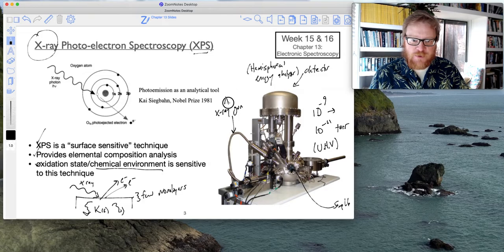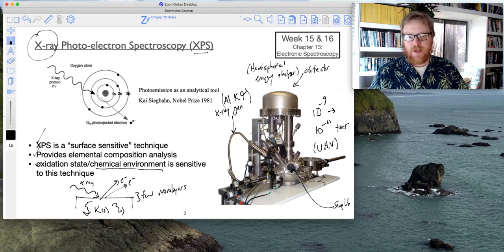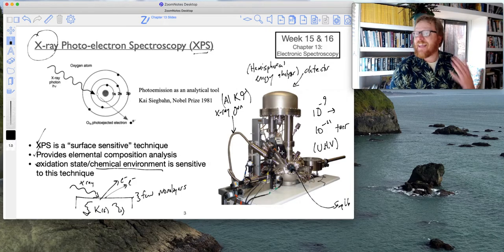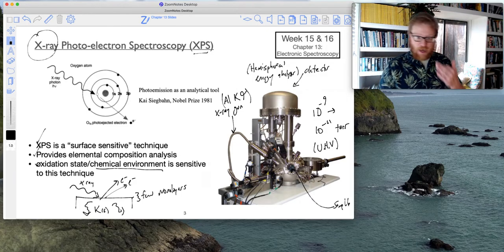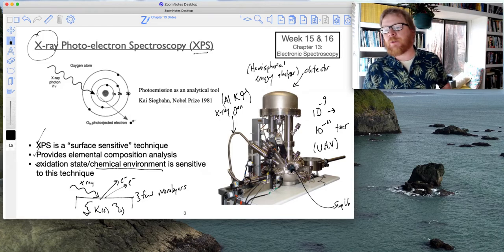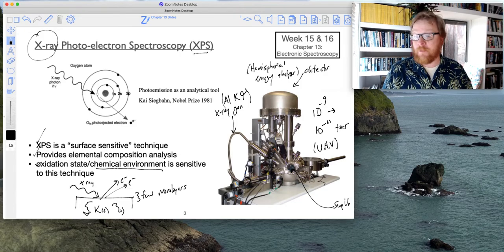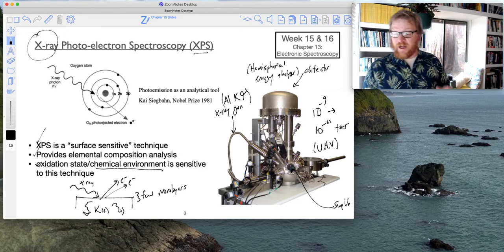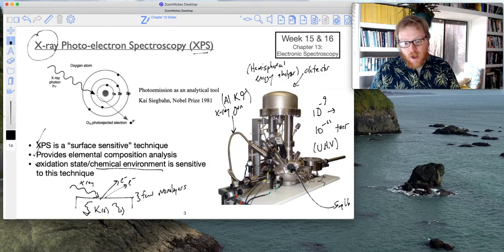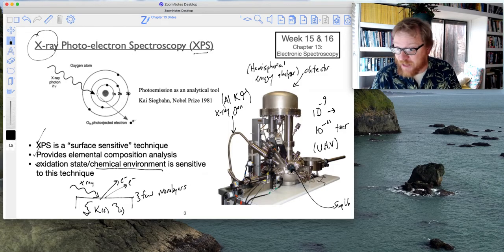If we use aluminum, you typically hear this referred to as aluminum K alpha radiation. K refers to the K shell, the n equals 1 shell, and alpha refers to the principal line given off by aluminum. Excitations from aluminum are made from its core energy levels, which gives off X-rays.